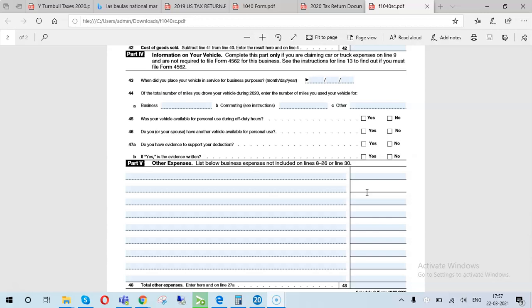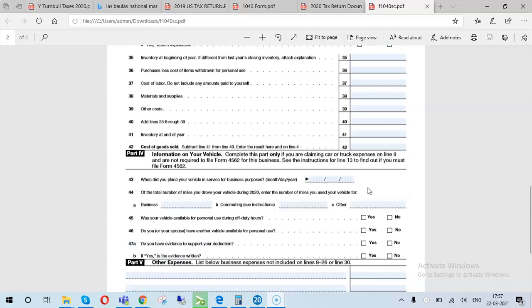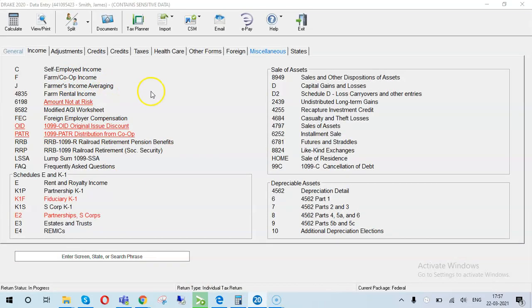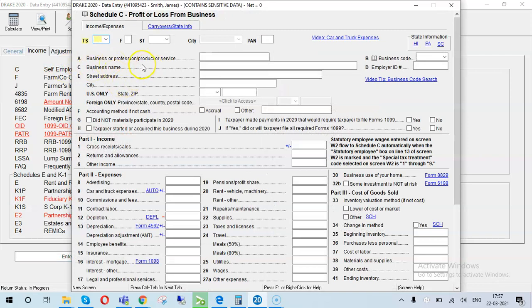In the introduction part, it is very self-explanatory. Okay, let me show you in Drake software. Just go to the income tab, then see self-employed income, and you can see Schedule C, profit or loss from business.